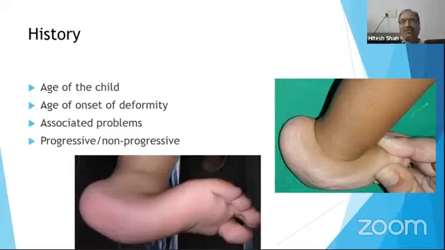Another important question is whether the deformity is progressive or non-progressive. Most non-neurological congenital deformities are not progressive, but if it is associated with a neurological issue, it would be progressive.